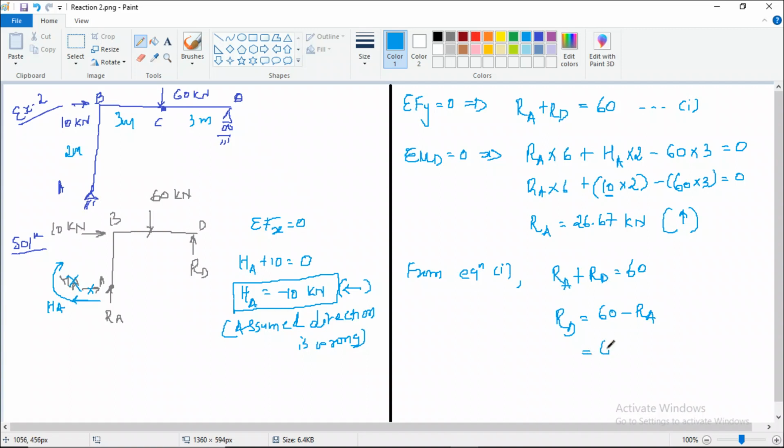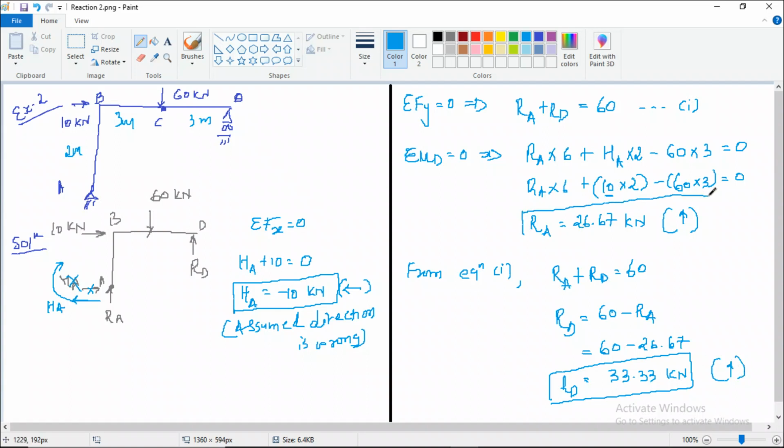So that means 60 minus 26.67, which ultimately comes out to be 33.33 kilonewton, which is also positive, which means our assumed direction is correct, which is vertically upward. So this is how you can find out the 3 reactions.